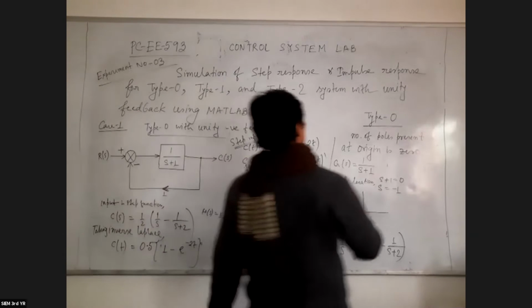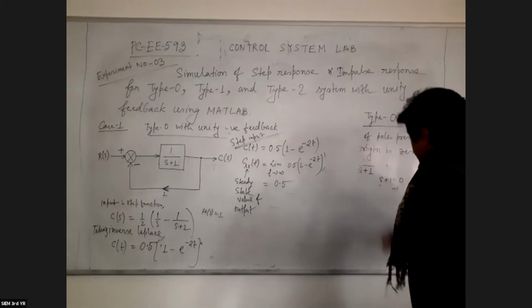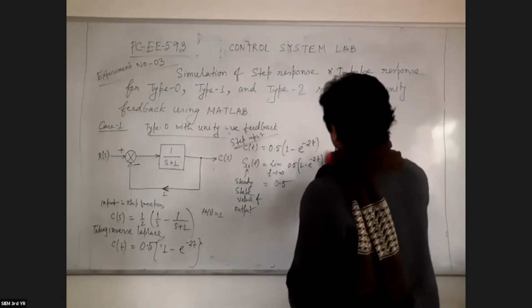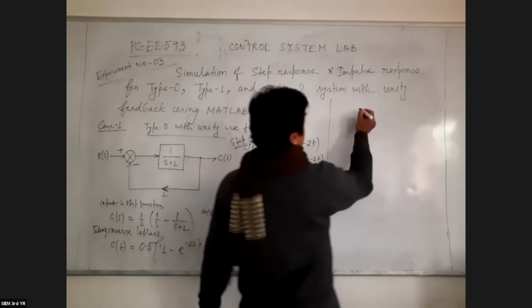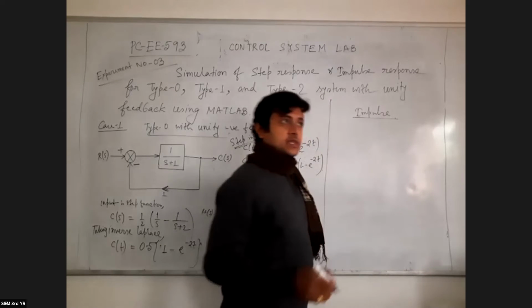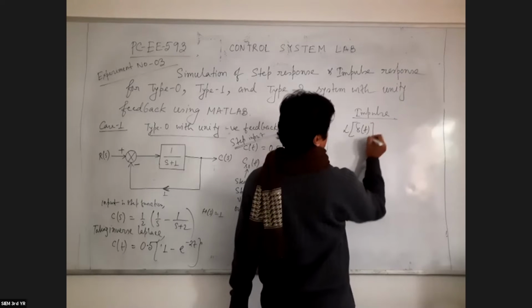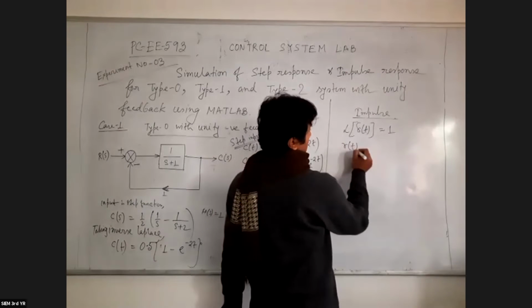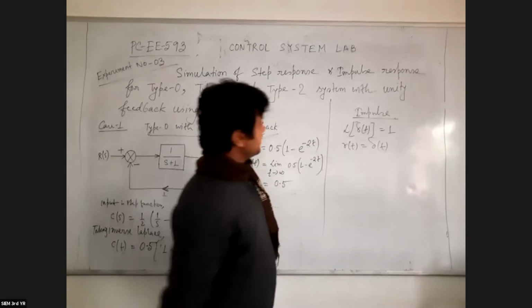And for impulse, what you know is that the Laplace transform of unit impulse is 1, and here r(t) equals delta as per the question.